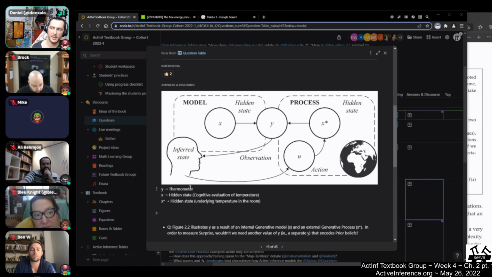So we're going to think about this temperature example. There's a hidden state of the generative process, which is going to be the temperature of the world. Latent, unmodeled. So this isn't even claiming that there is such a thing as temperature. This is just the latent unobserved temperature that is giving rise to thermometer readings, which might have different sorts of noise. Then there's another hidden state, which is the evaluation of temperature.